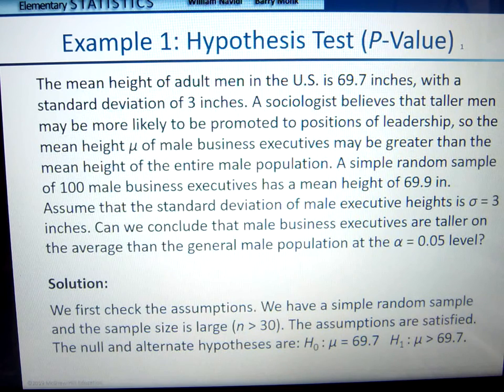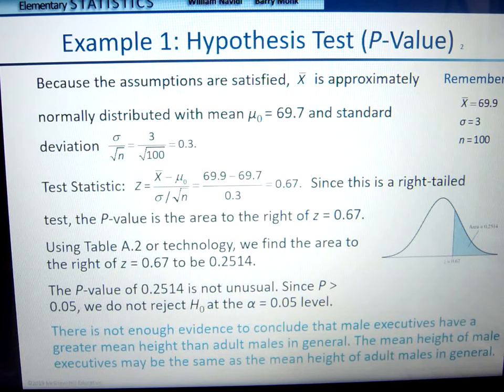So now our null hypothesis is that the mean is 69.7 and our alternate hypothesis is that it is greater than 69.7. Because our assumptions are satisfied, we can find our statistic mean normally distributed with our null mean at 69.7 and our standard deviation at 0.3 because we have to divide it by our square root of 100.